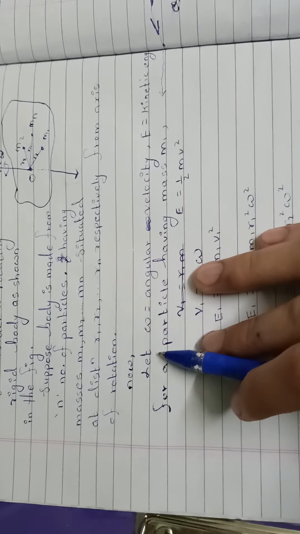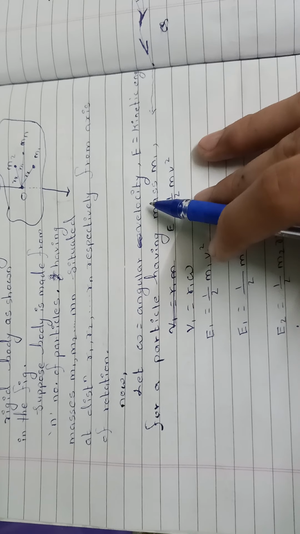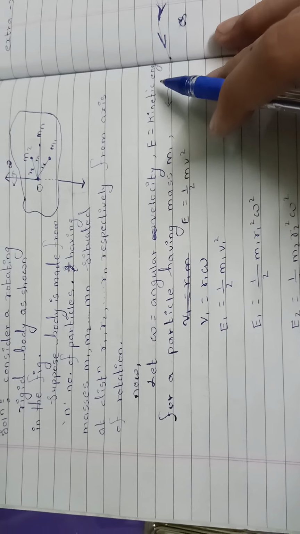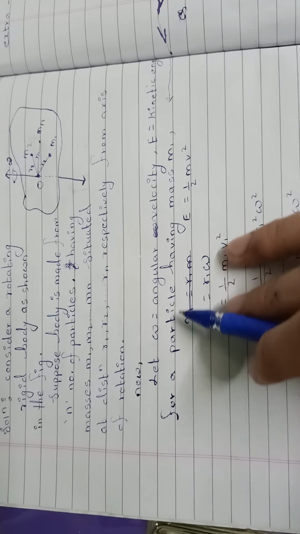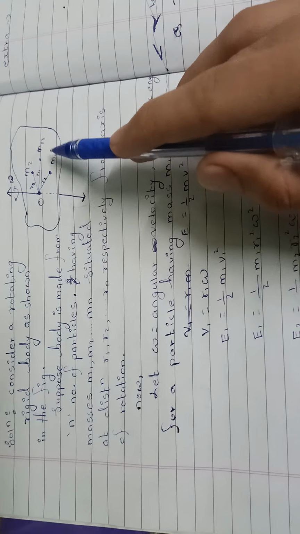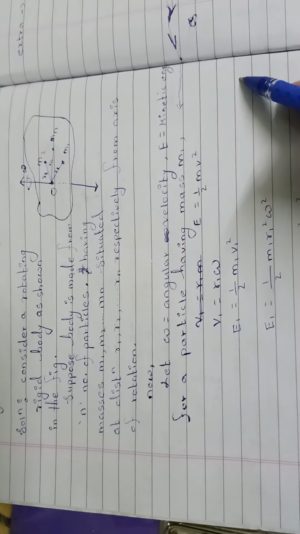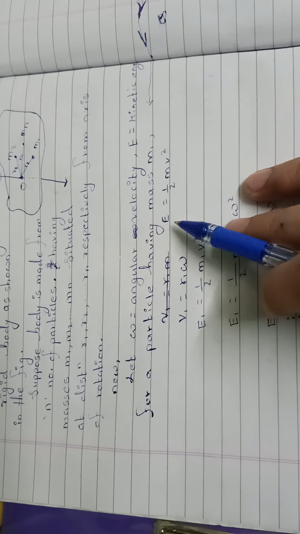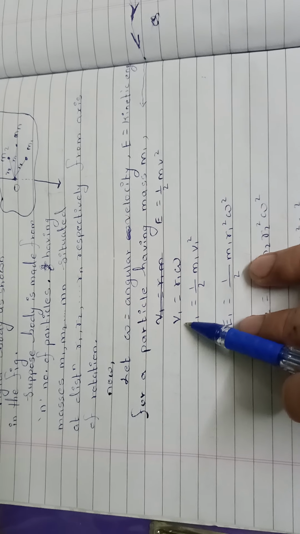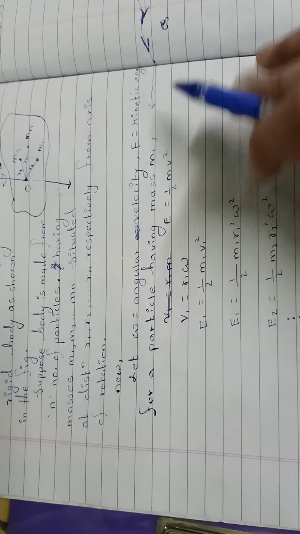Now we will consider omega. We know that omega is angular velocity, and E stands for kinetic energy. For the particle of mass m1, kinetic energy we have considered as E. We know that E is equal to half m v square and velocity v is equal to r omega.